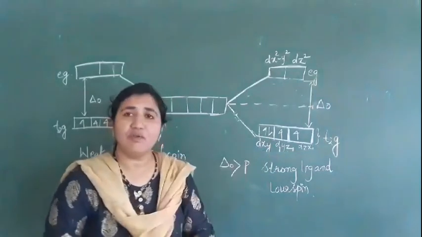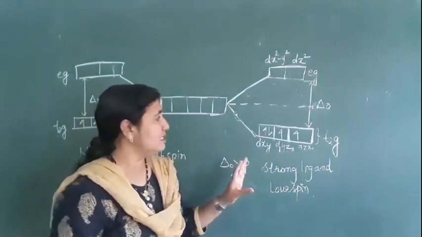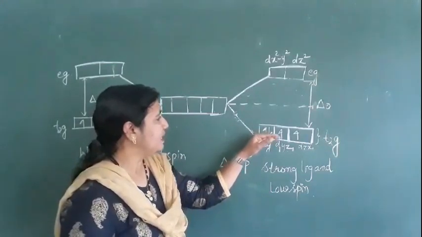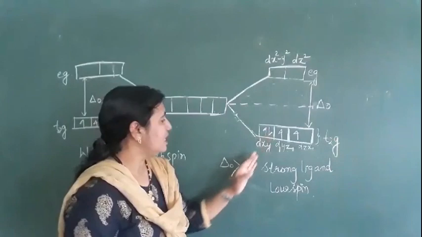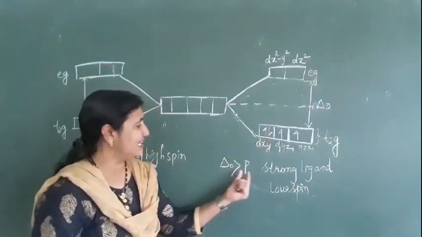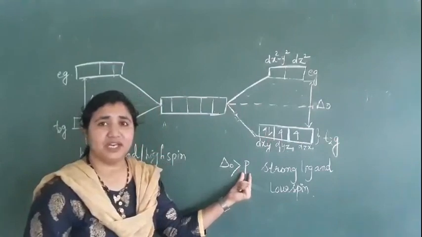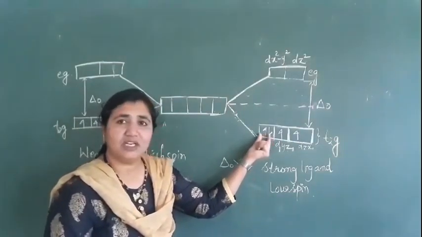So in strong field, if a strong ligand is there, the pairing energy is less than the splitting energy. Delta O is greater than the pairing energy. In such cases, the 4th electron will enter the T2G set.